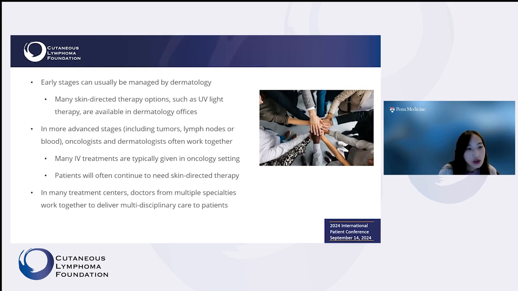And this is because usually IV treatments are typically given in an oncology setting. And even the patients who are on IV treatments will often still need skin-directed therapy like the UV light. So patients will often continue to follow with dermatology as well. So that's why in many treatment centers for lymphoma, you have multiple specialties working together to deliver care.